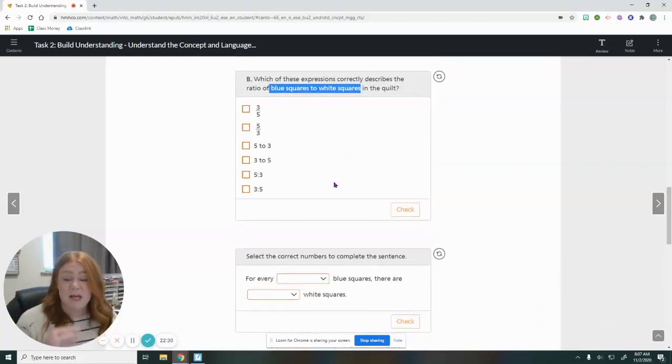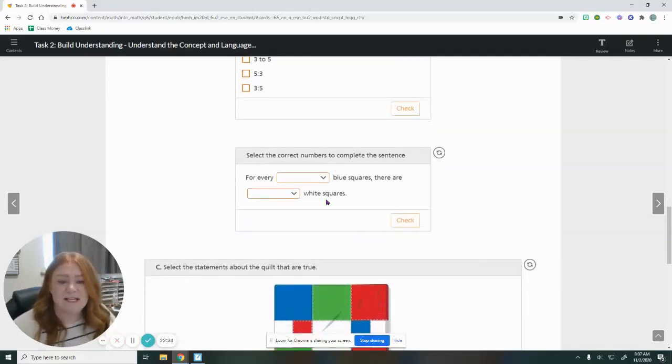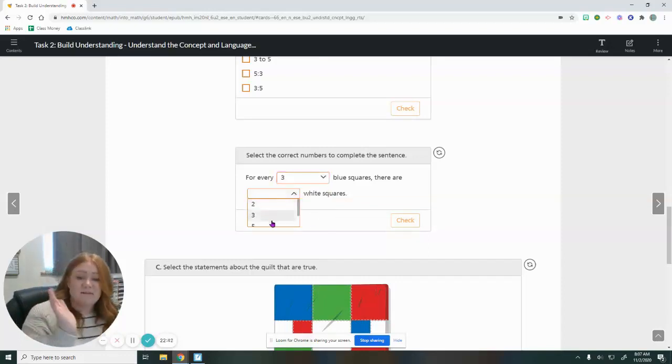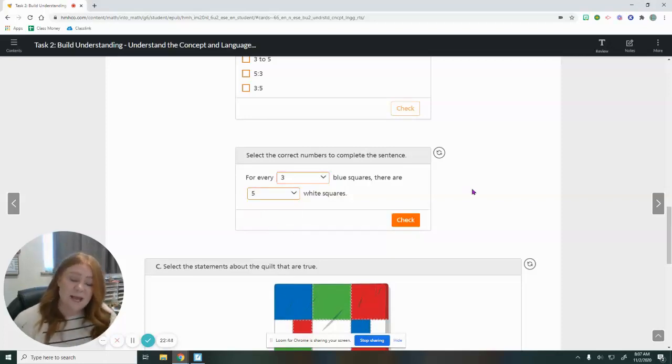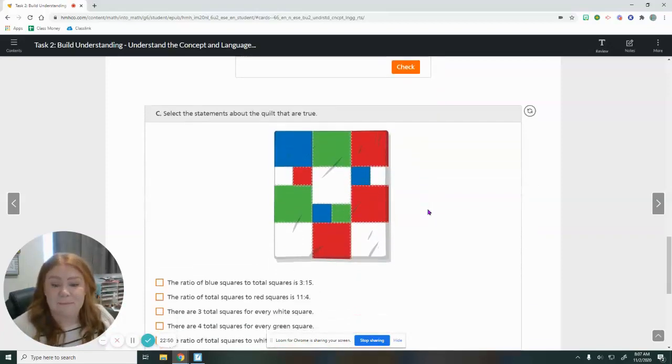So you should be picking the 3 correct statements there. So every time we have a blue square, how many white squares? For every 3 blue squares, there are 5 white squares. And we can't simplify that anymore because 3 and 5 are already simplified.